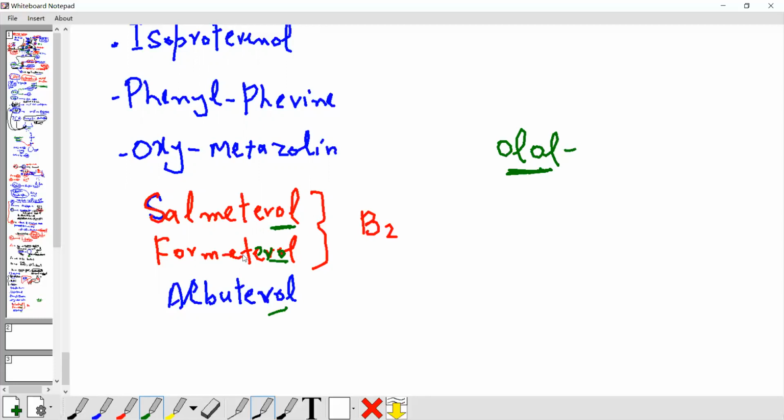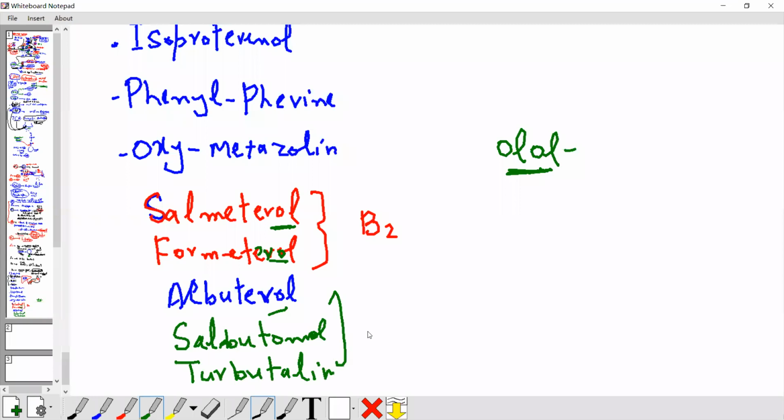Here we have salmeterol, formoterol, albuterol, salbutamol, terbutaline. These are also for beta 2. These drugs stimulate beta 2, causing bronchodilation.